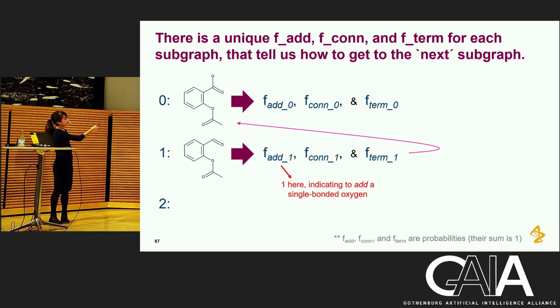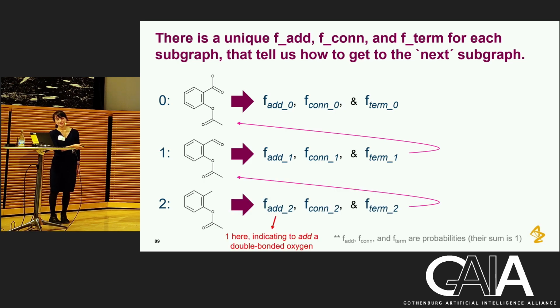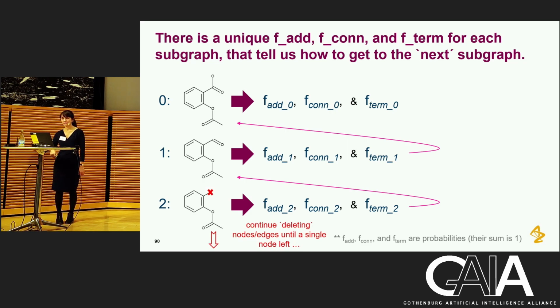And then all the terms in f_conn and f_term have to be 0. And we can repeat the process again. So for the model to know that if it sees this graph, it has to get back to this one, there would have to be a 1 here in f_add that tells us that the next thing to do is to add a double bonded oxygen to that carbon. And you can repeat it until there's a single node left in your graph. And this is how we create the training data. And there's a few more steps, but this is the general gist of it.